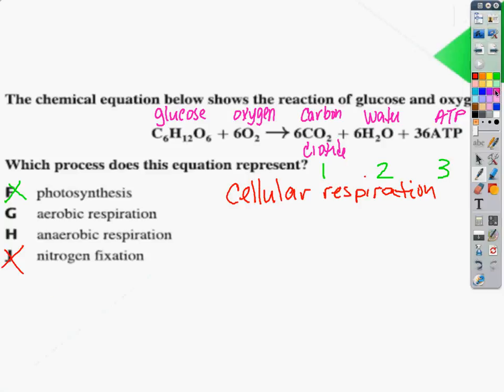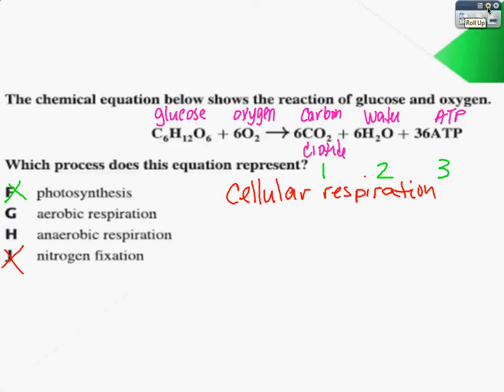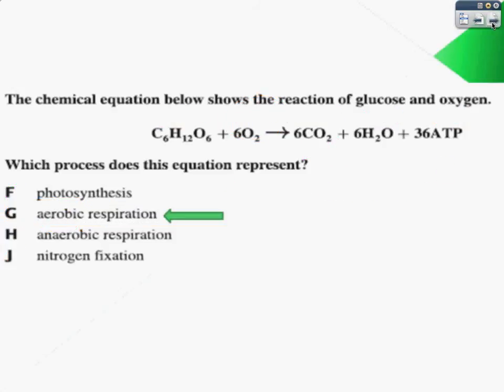And that actually goes back to a question that we had earlier in this video about aerobic is O2, anaerobic is no O2. This process is using oxygen. And so aerobic respiration is the correct answer. Okay, aerobic, because you have that oxygen.